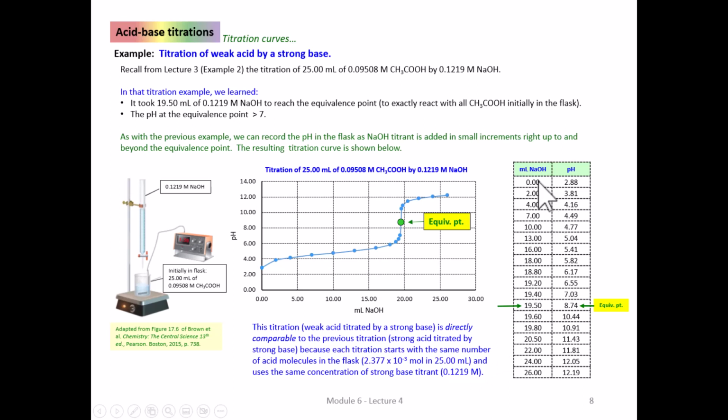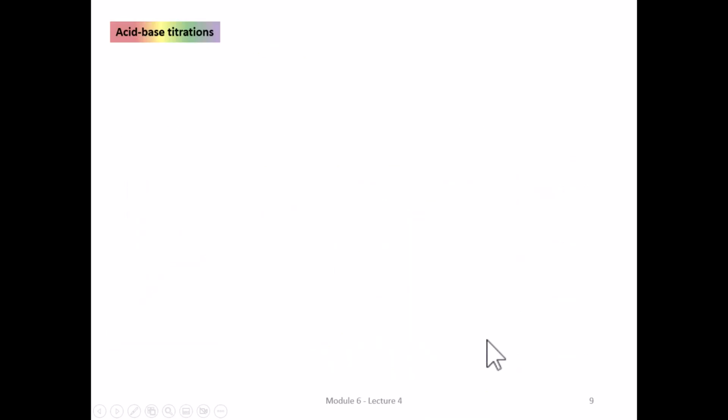In addition, the increments of sodium hydroxide added are exactly the same as in the previous titration. So these two titrations are definitely directly comparable.